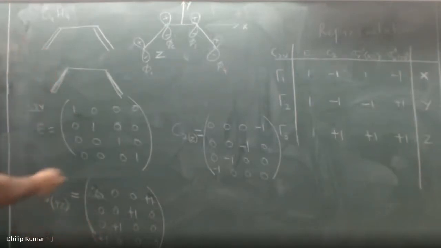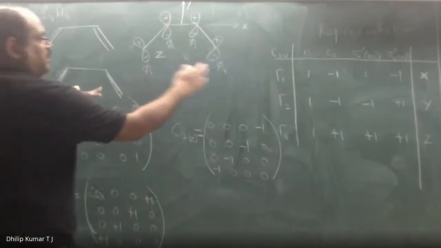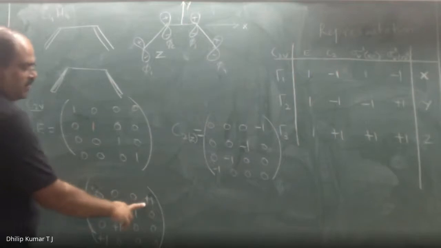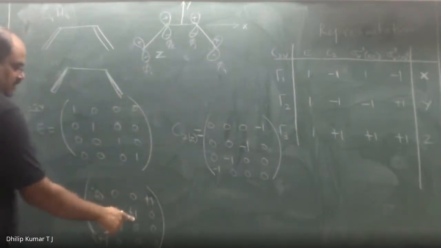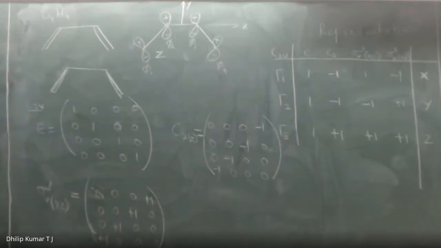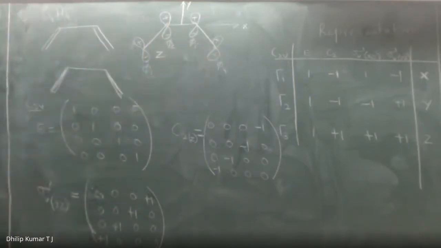So basically, one plane is cutting the molecule. So when you do that, phi 1 will be replaced by phi 4, and phi 2 has become phi 3. Again, phi 3 has become phi 2, and phi 4 has become phi 1. But there is no change of sign. So all positive lobes will fall on the positive lobes. So there is no change. That's why diagonal elements are all positive.